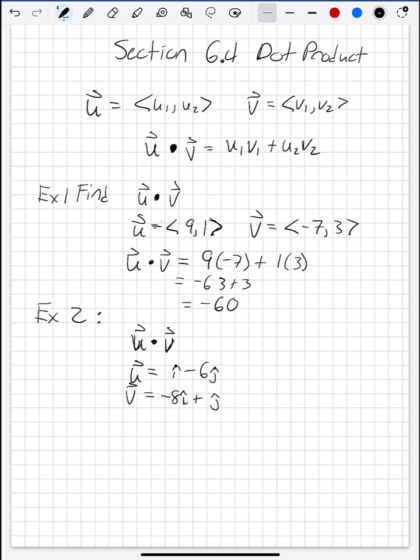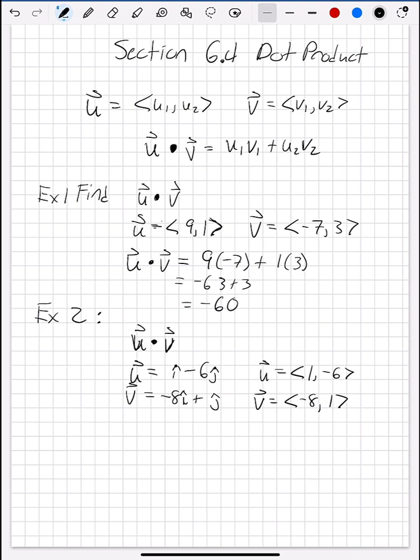In vectors, we don't use x's, y's, and z's to denote. Instead, i represents my x direction and j represents my y direction, and normally it's i, j, and k if you're in 3 dimensions, where k would represent your z direction. So this vector u is really just (1, negative 6) in its component form. It's just a different notation, but it means the same thing.